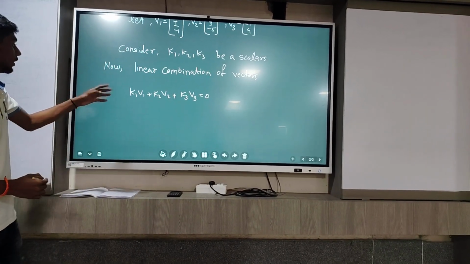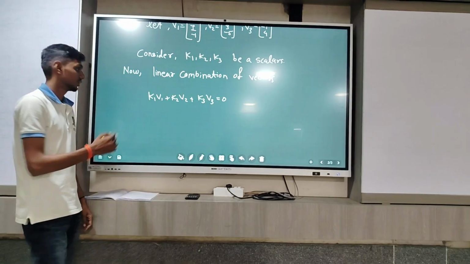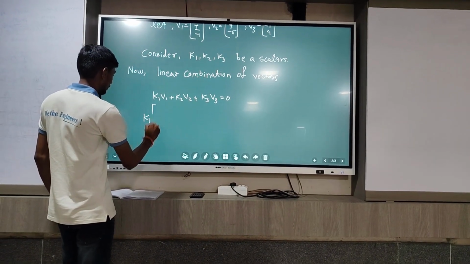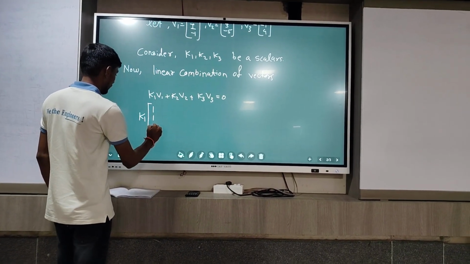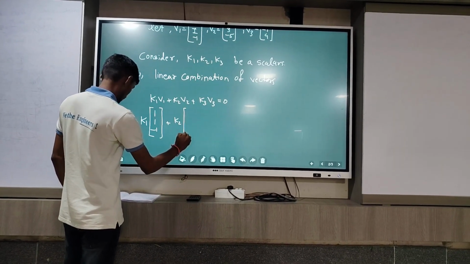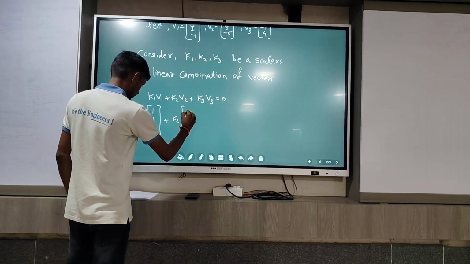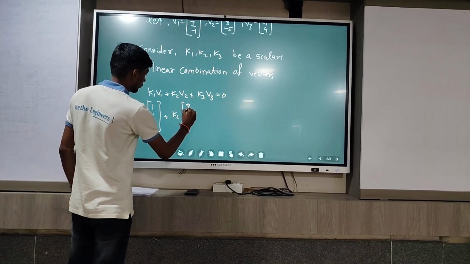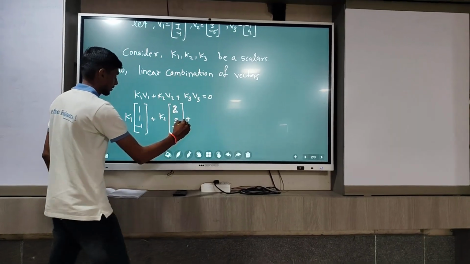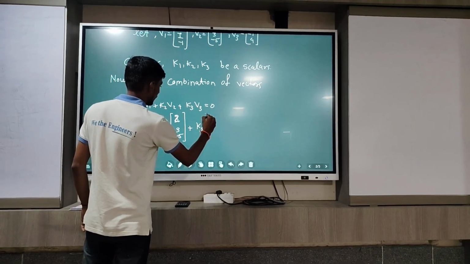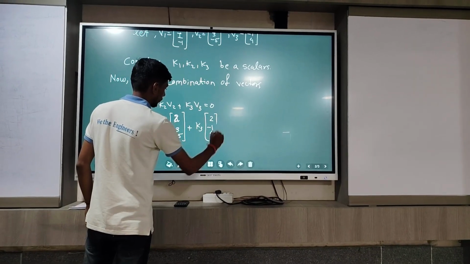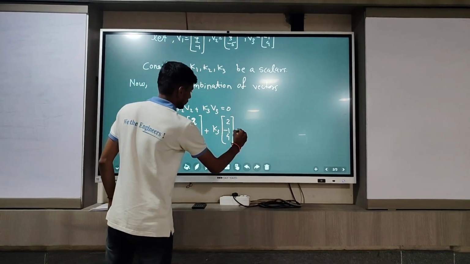Now we put the values of v1, v2, v3 in the equation. We get k1 into 1, 1, minus 1 plus k2 into 2, 3, minus 5 plus k3 into 2, minus 1, 4 is equal to 0.